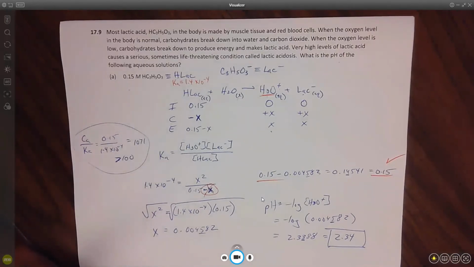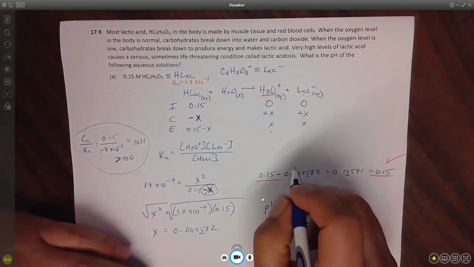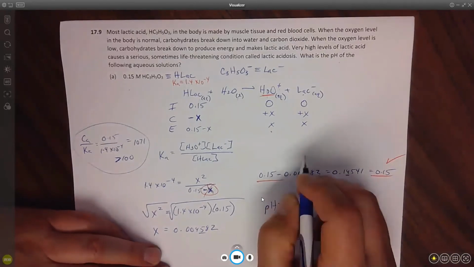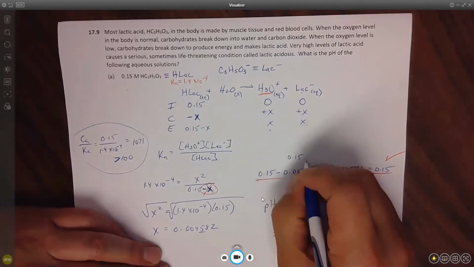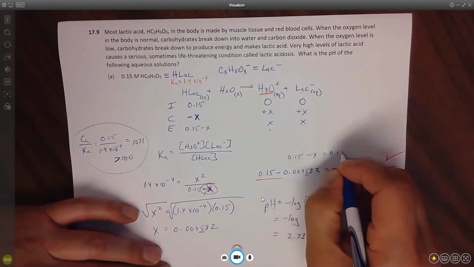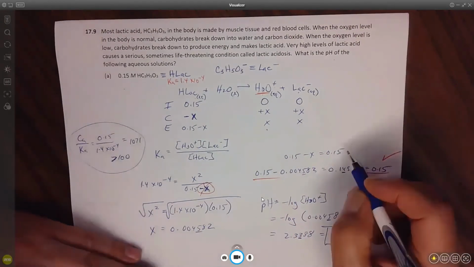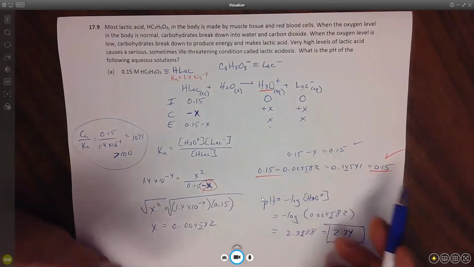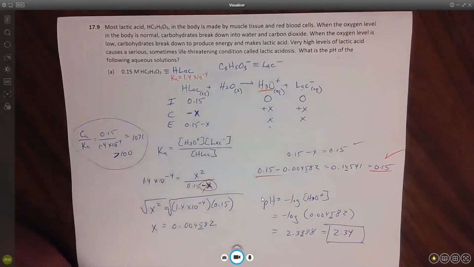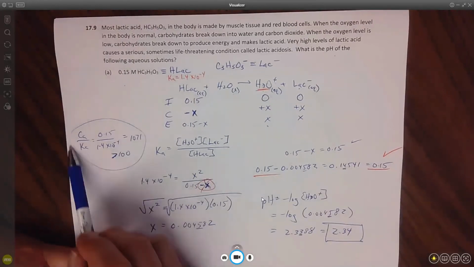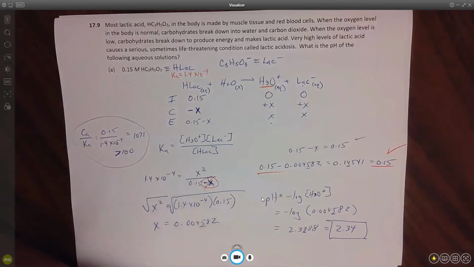Okay. I would even accept this, that if you wrote 0.15 minus X equals 0.15, that shows me at least that you thought about checking, and hopefully you actually did check. Okay. So I want to see something like this, that you checked your assumptions.